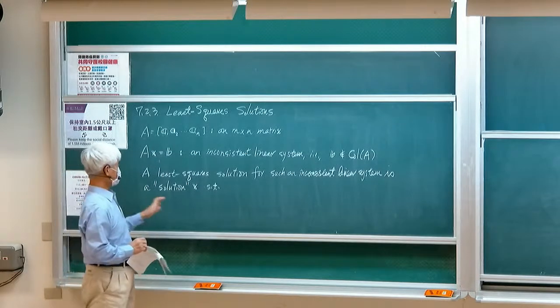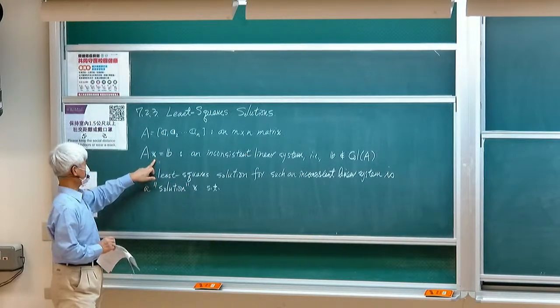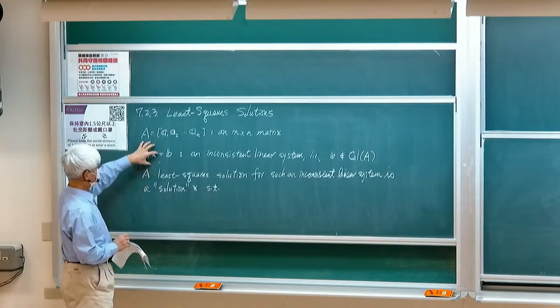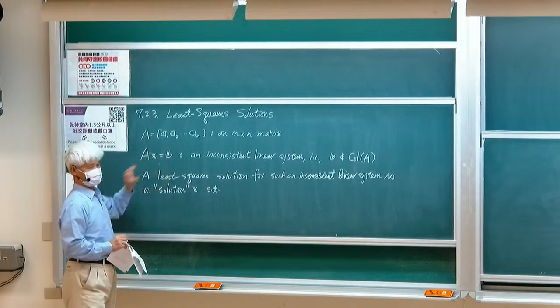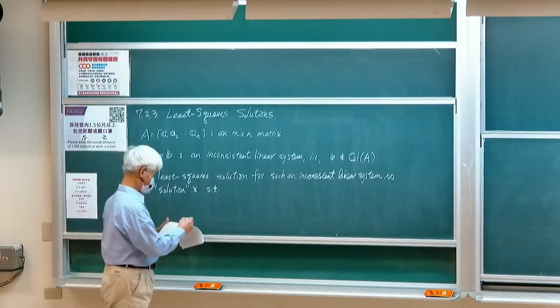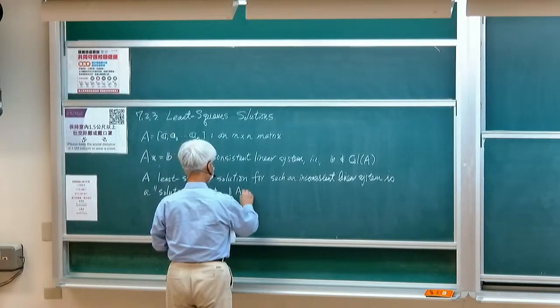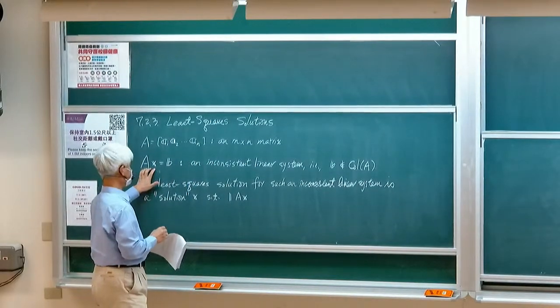So we would like to find an X vector such that the distance between the left-hand side and the right-hand side is minimized.